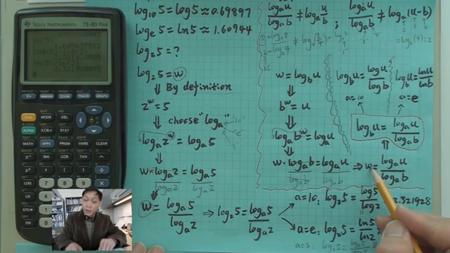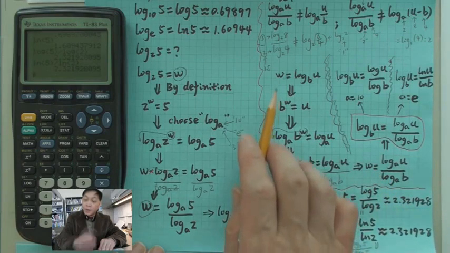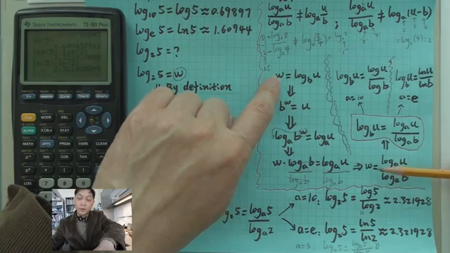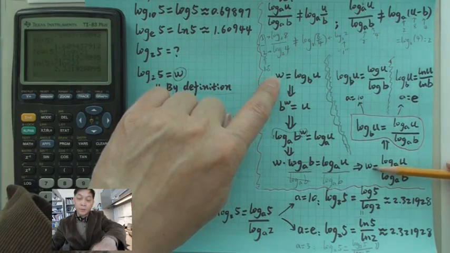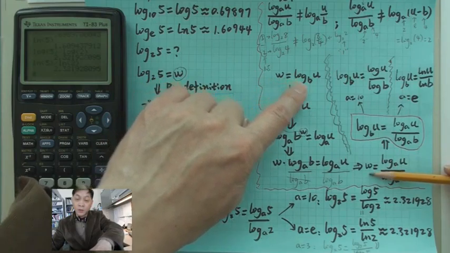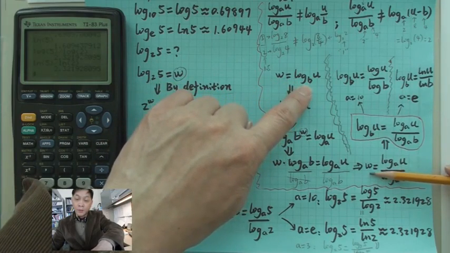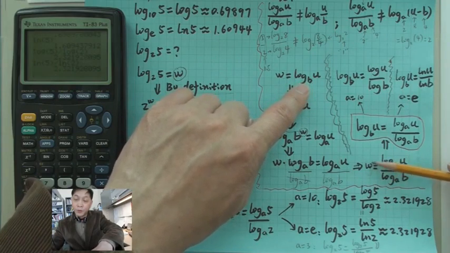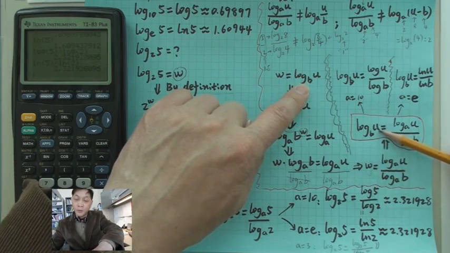The W is the W here. So this is also W, and instead of putting W here, you put log base B of U. That's our W.